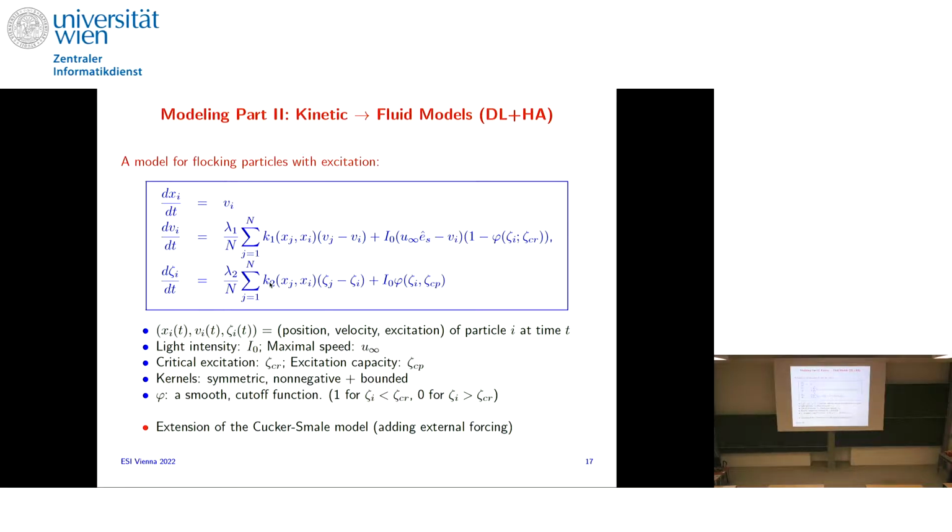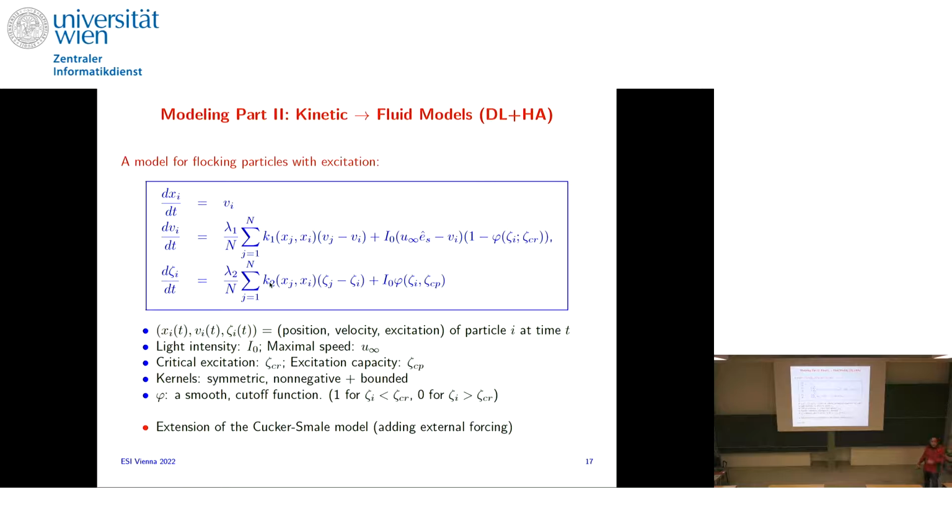If the excitation increases and goes over a critical threshold, then the velocity aligns itself with a prescribed velocity. So it's like a Cucker-Smale model with forcing that comes from the external light, and you do something for the excitation. And now you can do all the fluid models and get PDEs.